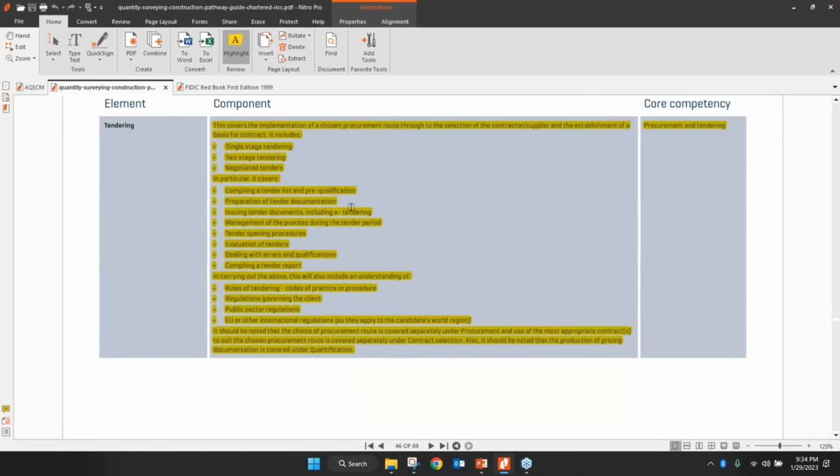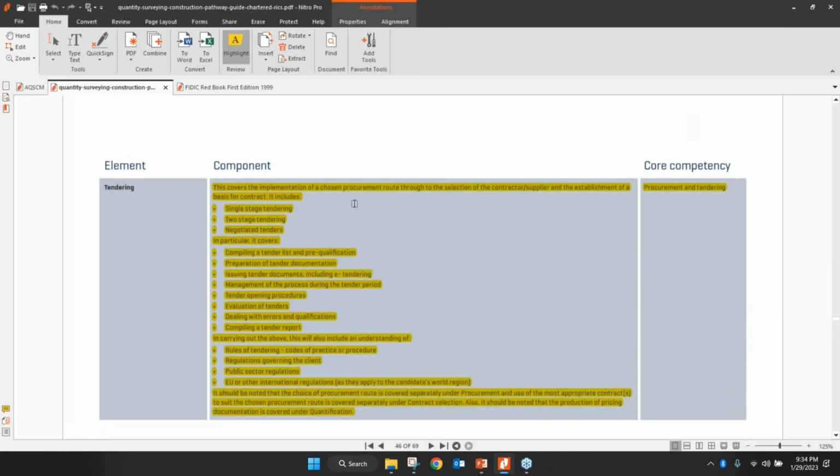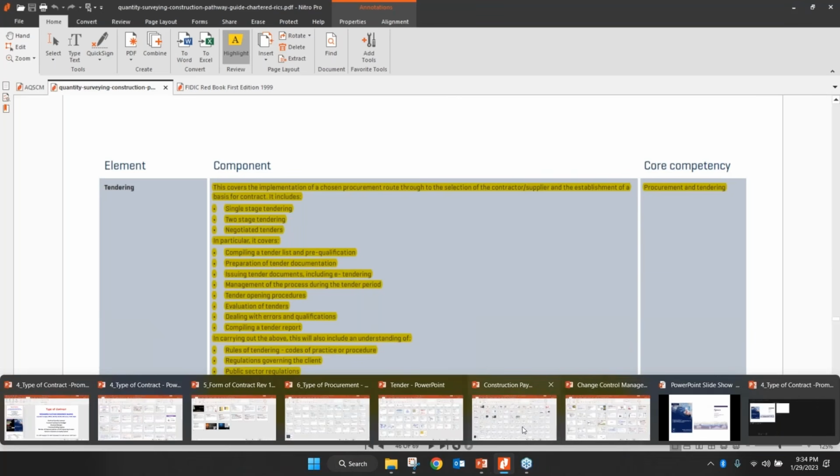This tendering process mentioned under the RICS, if you went through detailed training only, you will understand. Otherwise, by learning in a small amount of time, you will not be able to understand. So that is the reason. Now let's go to the contract one. Payment is a very vast area.